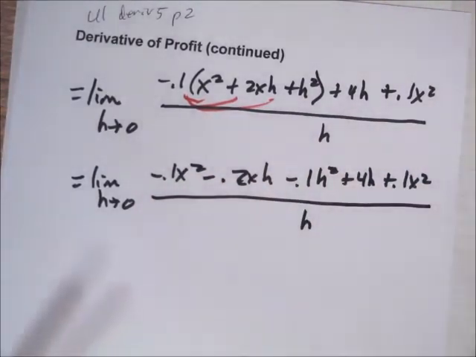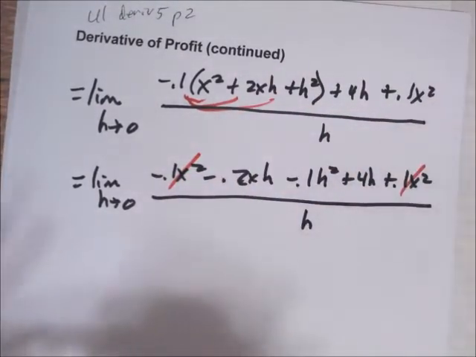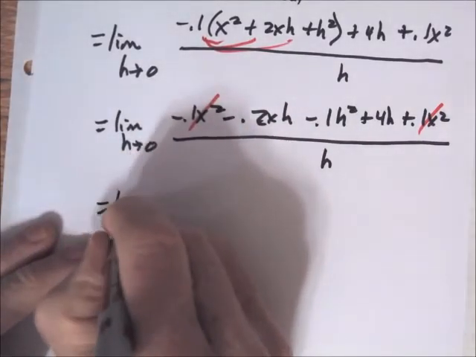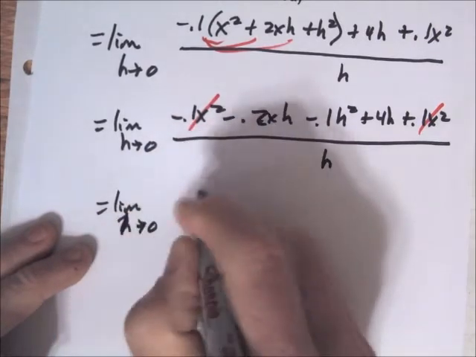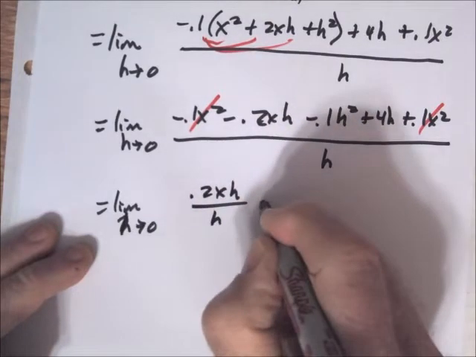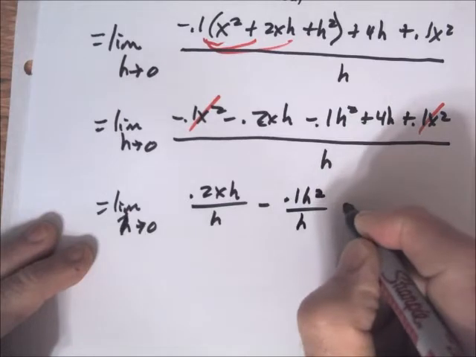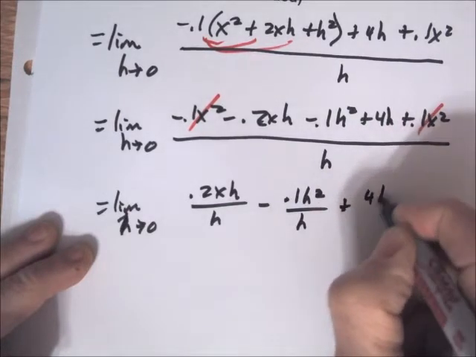Then we can cancel the minus 0.1 x squared and the 0.1 x squared, and we can distribute the denominator. So this will give us the limit as h goes to 0 of minus 0.2xh over h, minus 0.1 h squared over h, plus 4h over h.